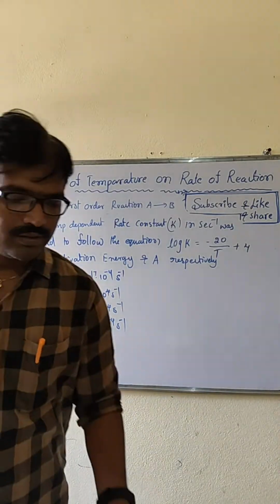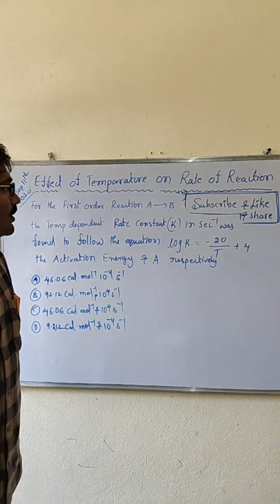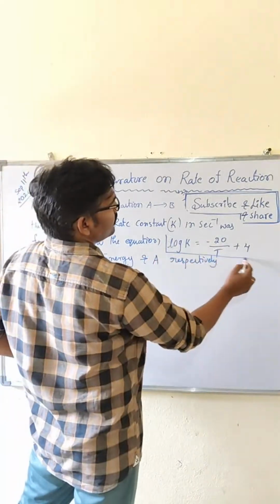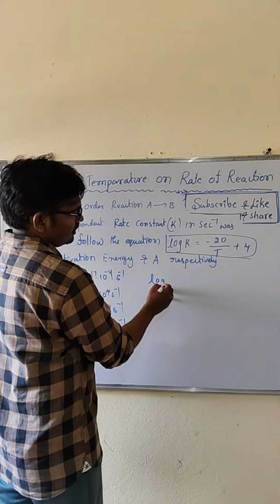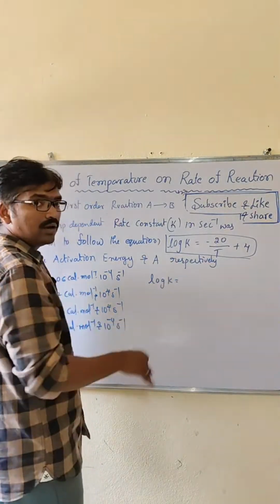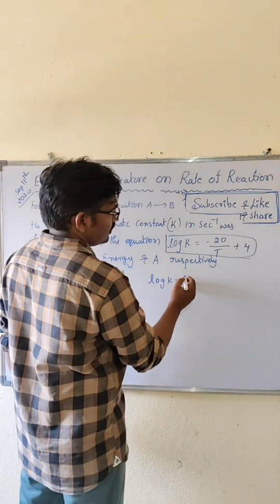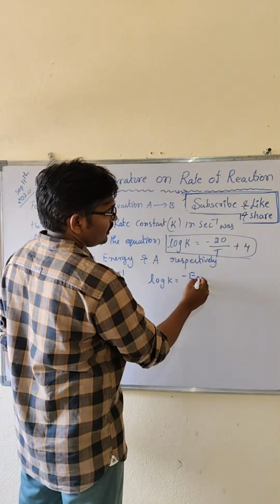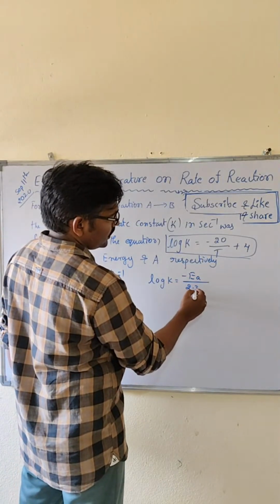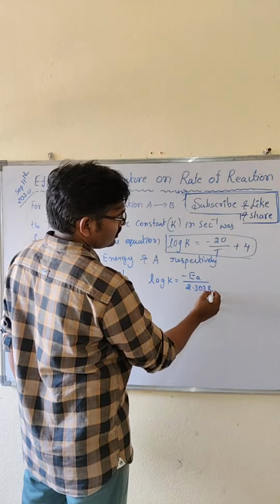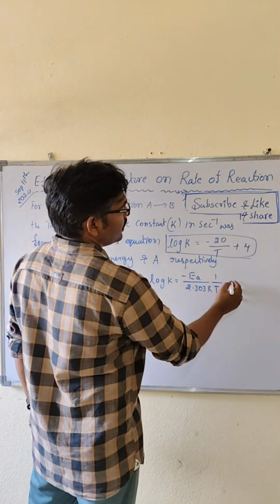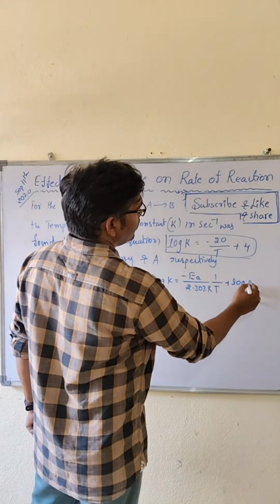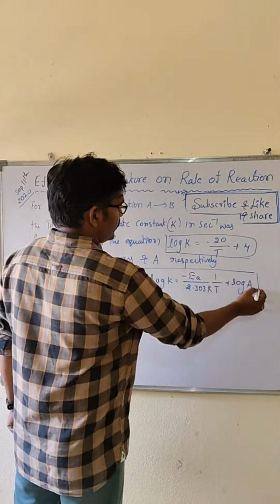See, look my dear students, even here the question has log K equals, when we apply log, log K equals minus EA divided by 2.303 RT, 1 by T, then plus log A. The same equation.